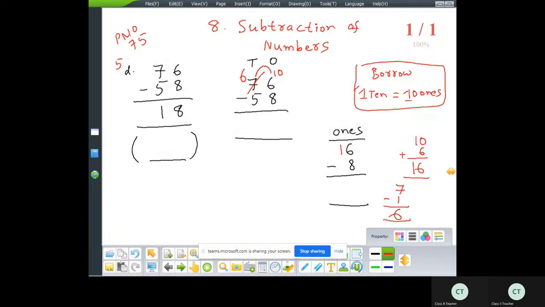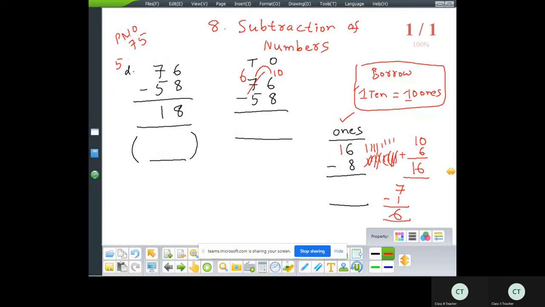Now subtraction on 1's place. 16 minus 8. 1, 2, 3, 4, 5, 6, 7, 8, 9, 10, 11, 12, 13, 14, 15, 16. From 16 we subtract 8. From 16 lines we cut 8 lines. 1, 2, 3, 4, 5, 6, 7, 8.